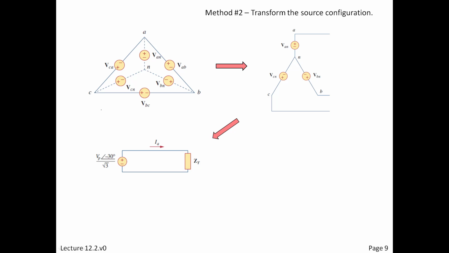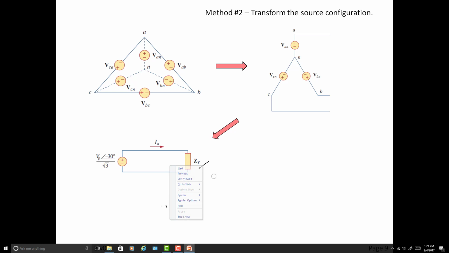Well, that's nice. If we can do that, we then have the nice single loop equation that we had before that we like. These are very easy to work with, right? So this would be representative of the single load value. Here is that line current then, which is the same one that goes into the load, right?